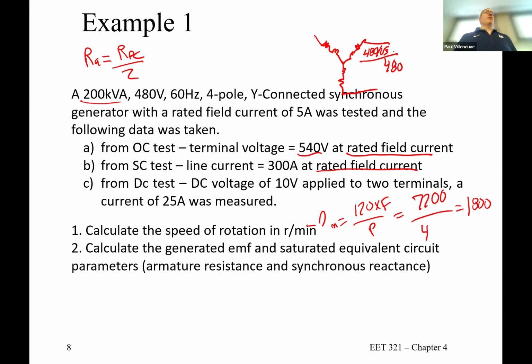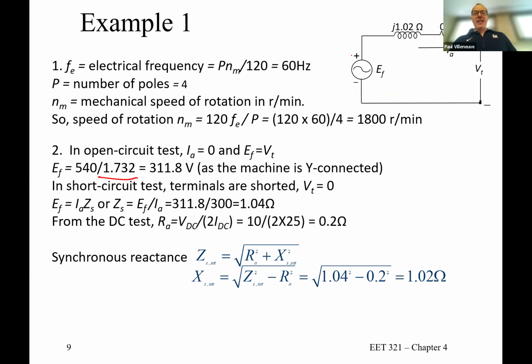What's the square root of 3 equal to? 1.73 whatever, right? I need to get the nominal voltage, the 540 volts, and drop it across one individual phase. Just like we did in three-phase transformers, we would have to convert that and divide by square root of 3.